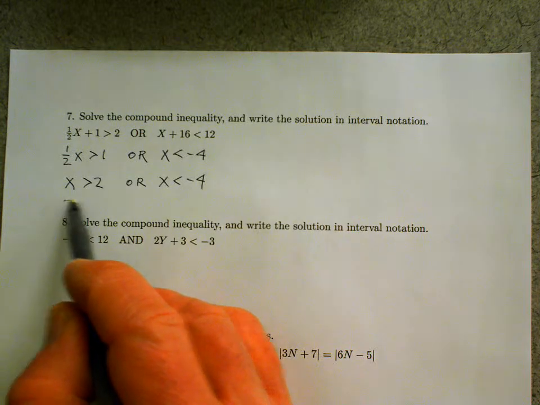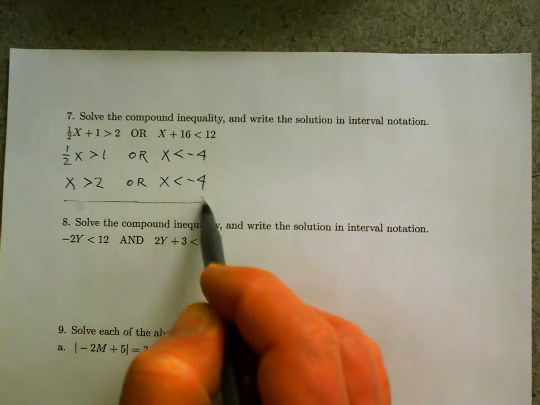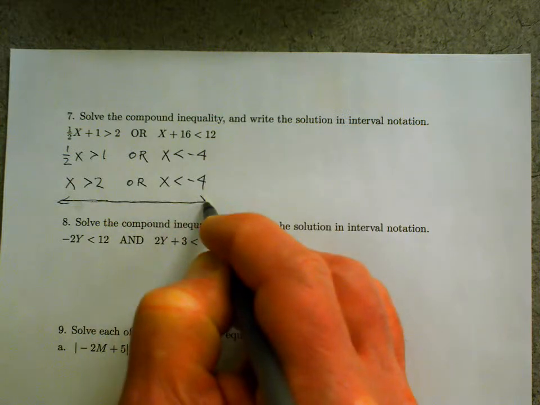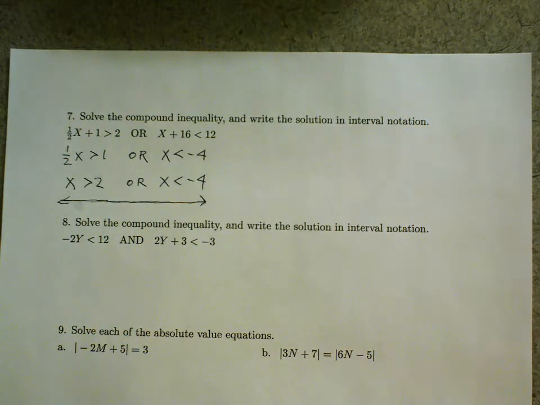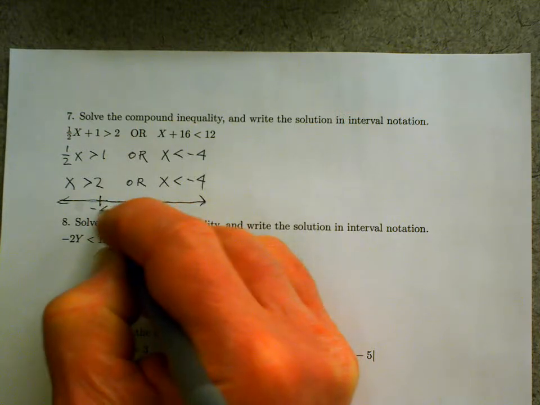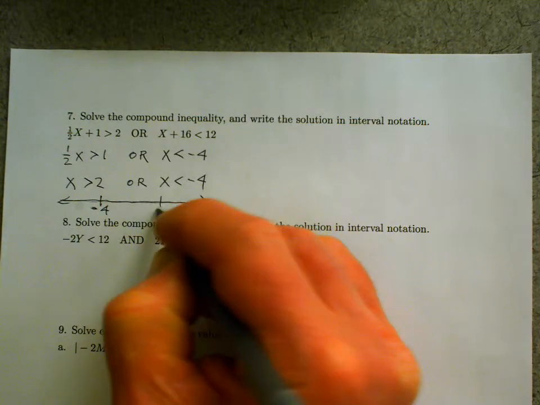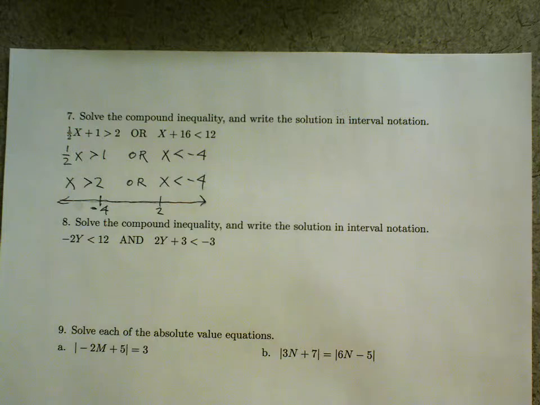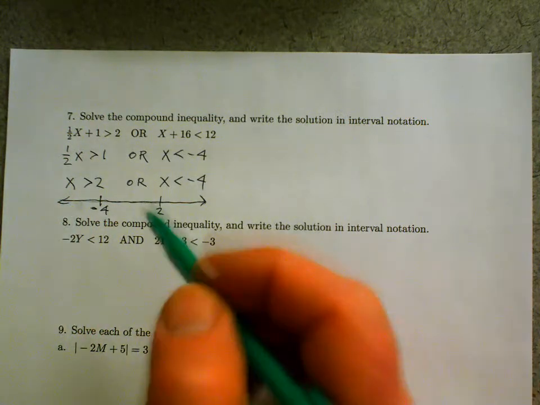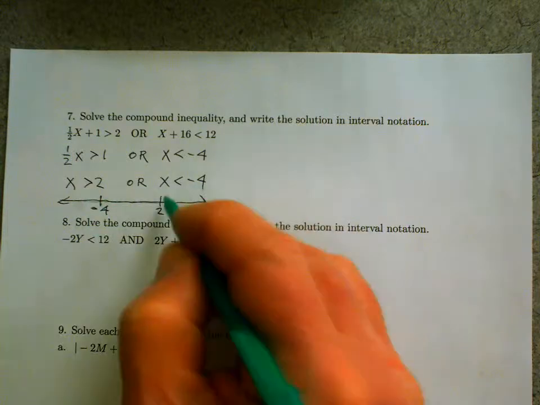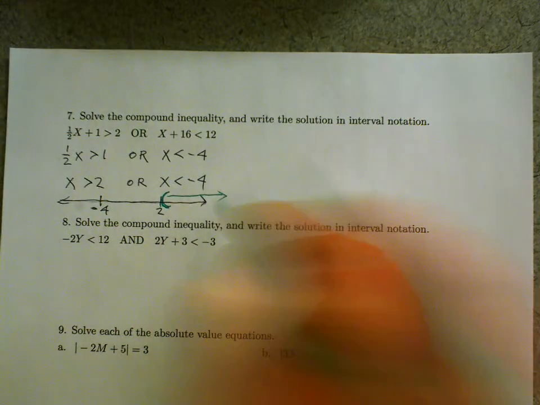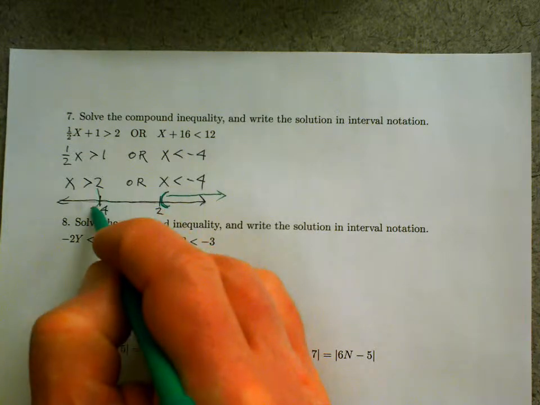So if it helps, you can sketch a graph of this. So plot the numbers negative 4 and positive 2. So x is a solution if x is greater than 2 or if x is less than negative 4.